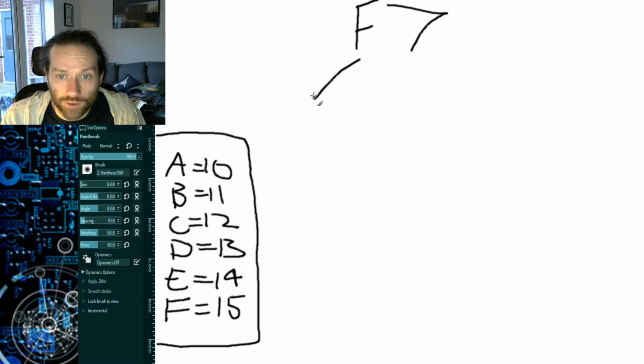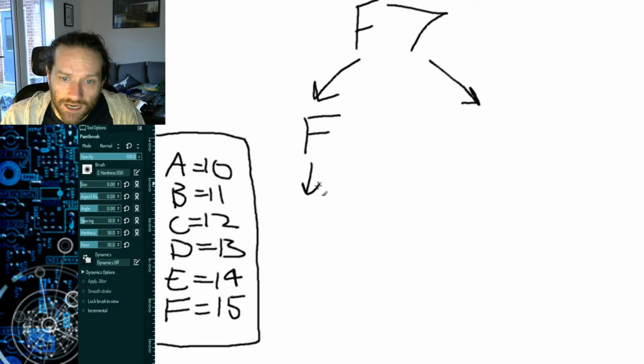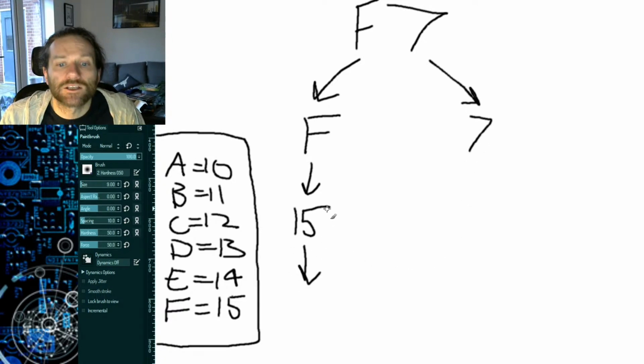Now, first of all, we split up the individual digits. We're going to treat them separately. We have F here. F, I can see, is equal to 15. And 7 is just 7. So now I can convert this to binary. 15 in 4-bit binary is 1, 1, 1, 1.